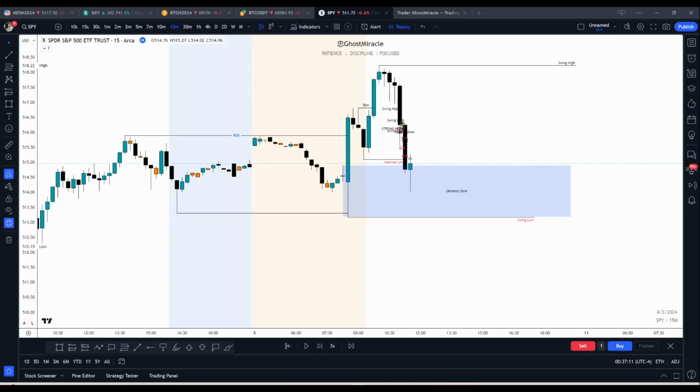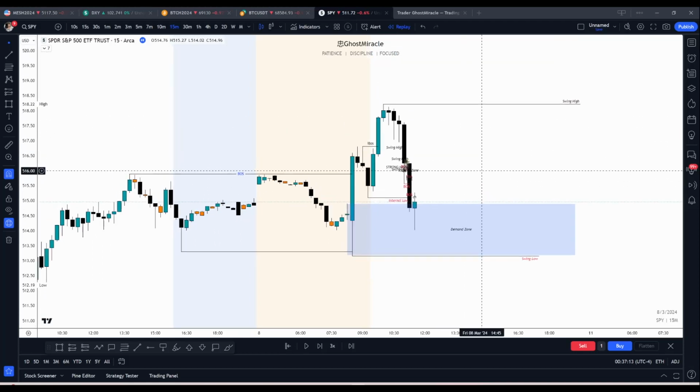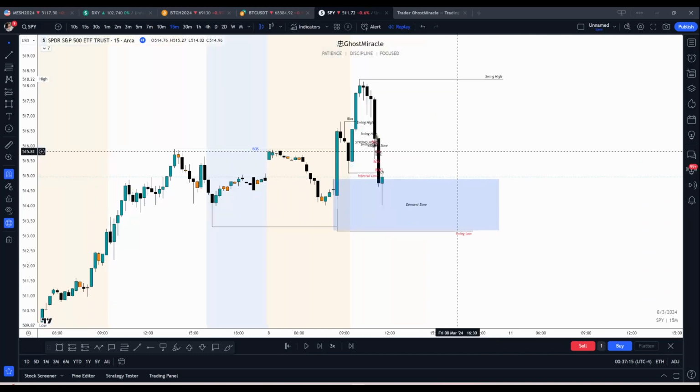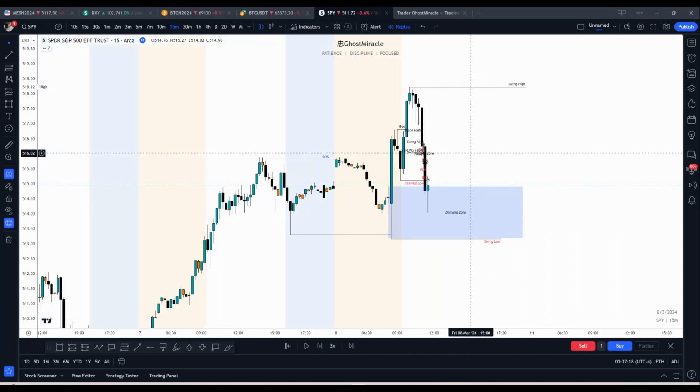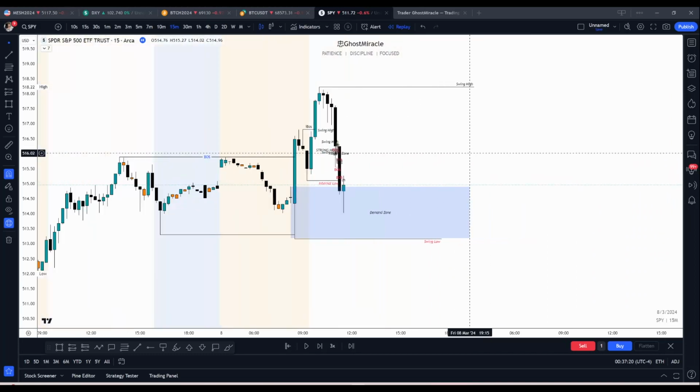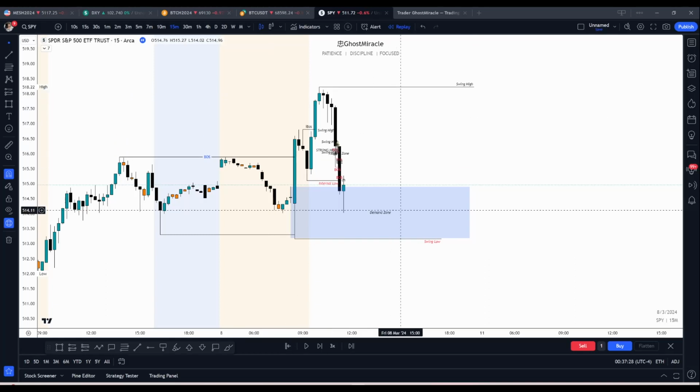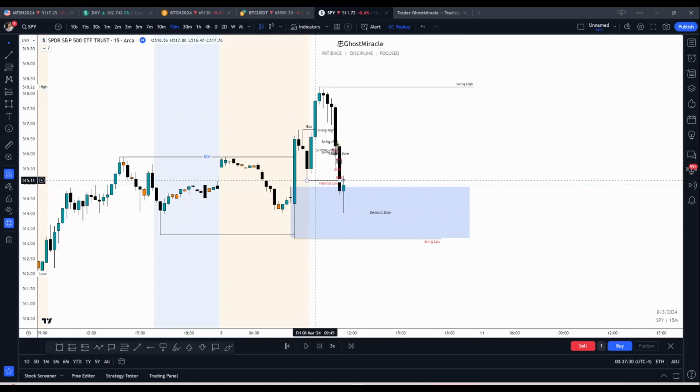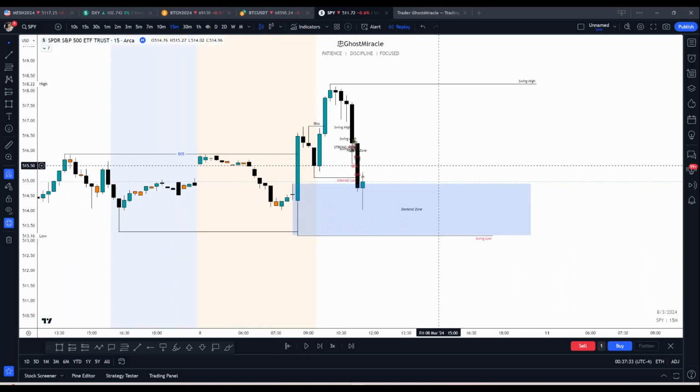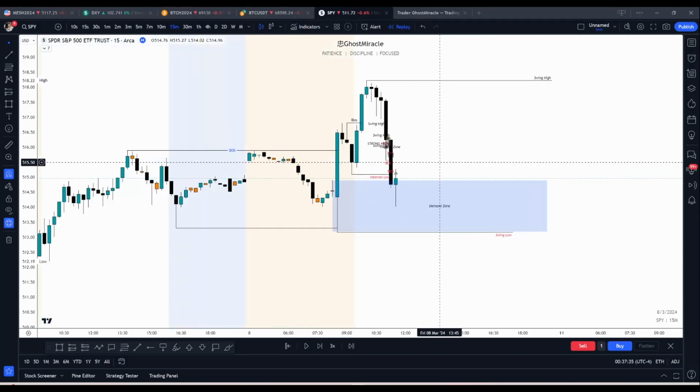That was something else I wanted to mention as well. I didn't see you mark your swing structure on the M15. You marked your breaker structure, but not your swing high, swing low, internal low.